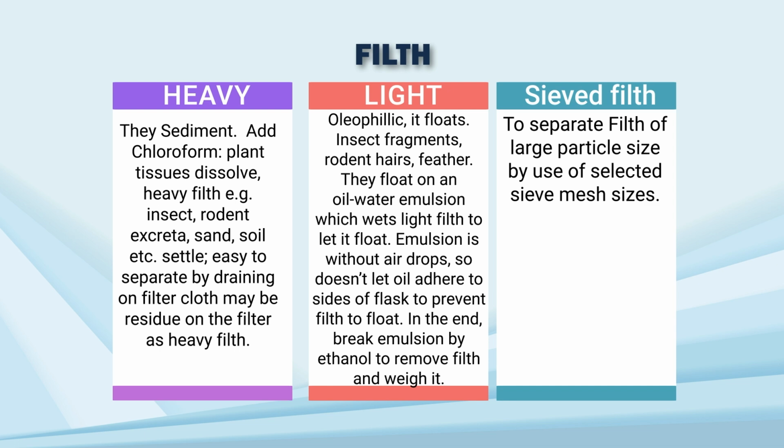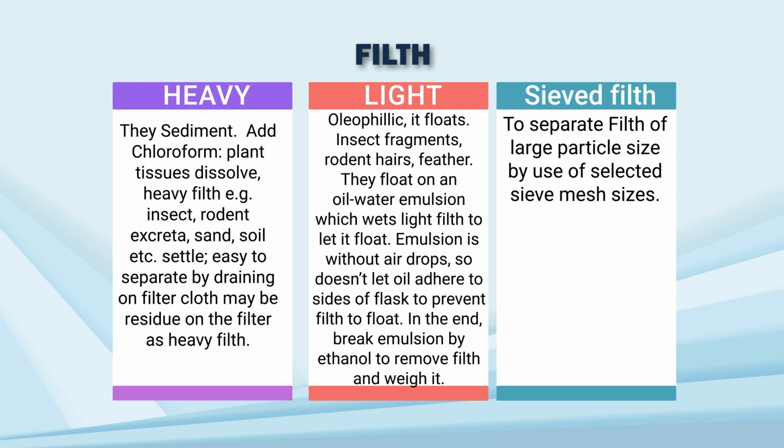There is light filth which is oleophilic. Oleophilic means it does not wet with water, so it is actually oil soluble filth. This kind of filth you separate by putting in an oil in water emulsion. The emulsion will float the lighter material and all others will remain.